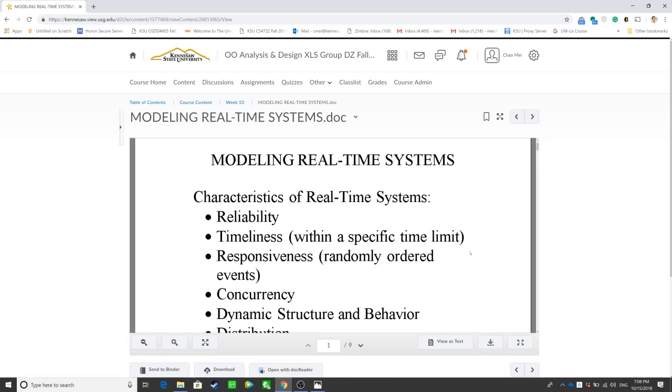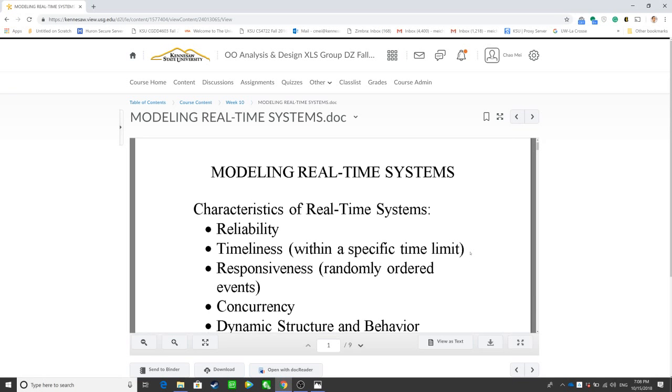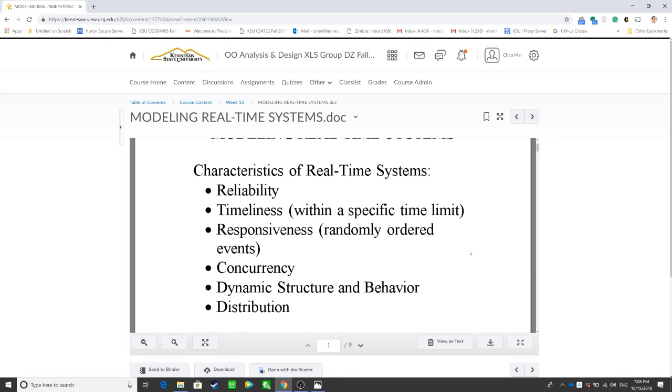Yes, it's here. Characteristics of a real-time system. Okay, let me talk about this. So reliability, and the most important thing is timeliness. So within a specific time limit, you have to have some response. Maybe the banking system, yeah, I guess, but sometimes you deposit and it is credited after several hours.